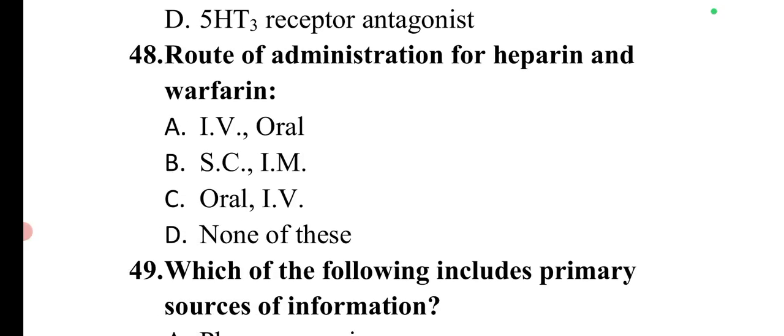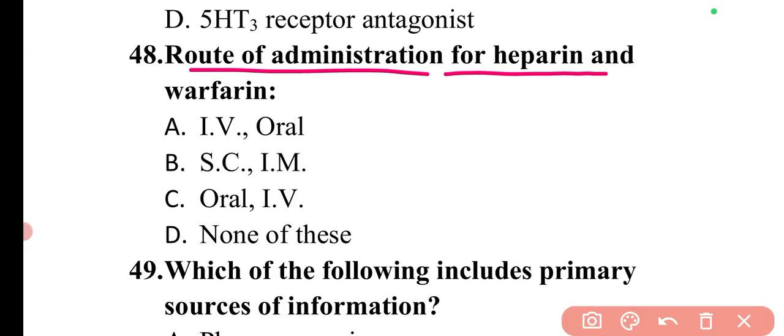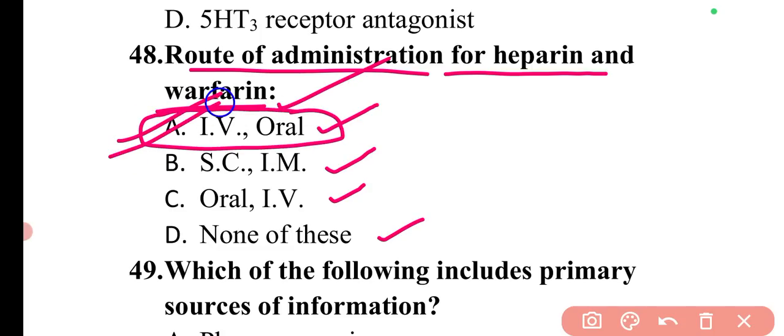Next question is, route of administration for heparin and warfarin is, options are IV and oral, SC and IM, oral and IV, or none of these. The correct answer is option number A, IV and oral.